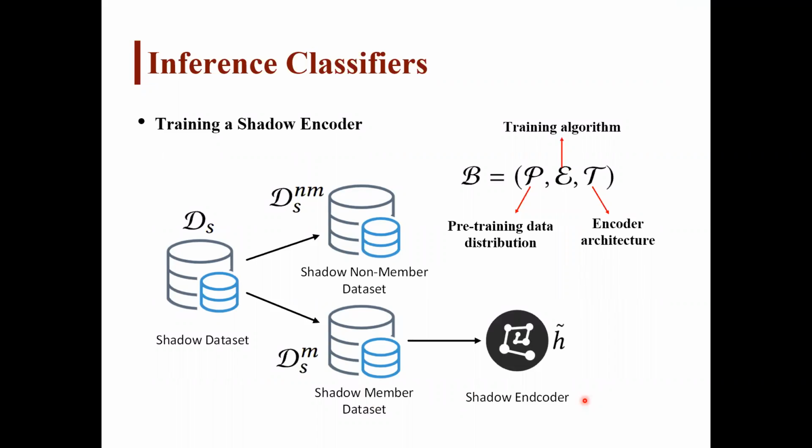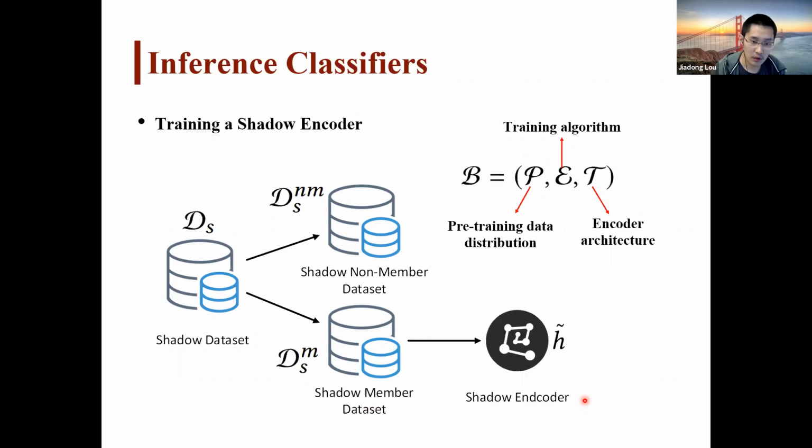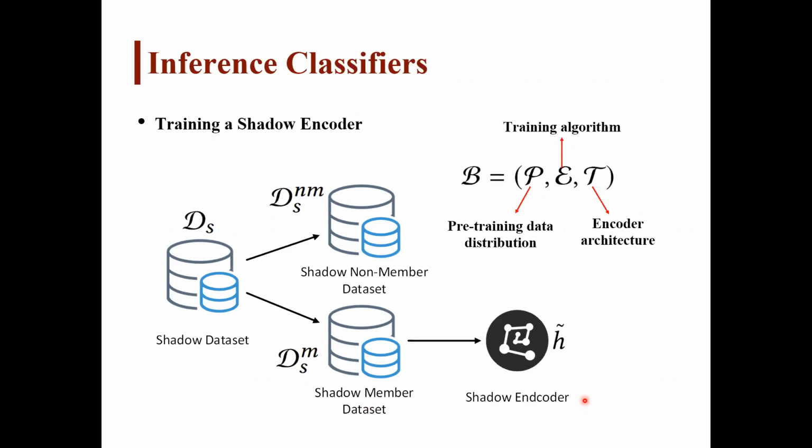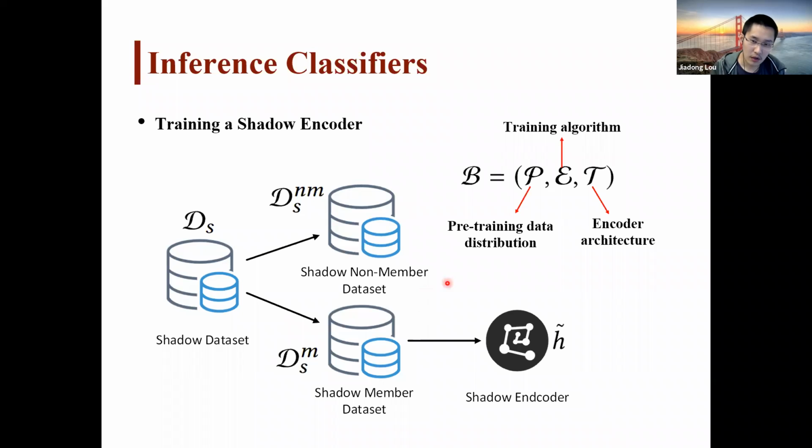But they don't have access to the training dataset of the target encoder, right? They don't know. They just try to guess the membership. The only point here is that maybe they will know some data distribution of the training dataset, so that when they collect this dataset, they can collect some data with the same distribution.